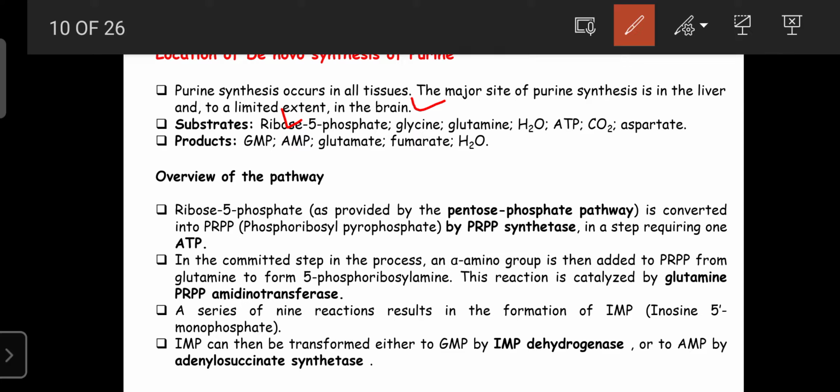Ribose 5-phosphate is the intermediate compound or precursor for biosynthesis of the purines. The other substrates required are glycine, glutamine, water, ATP, carbon dioxide, and aspartate. These are the various substrates required for the synthesis of the purines.